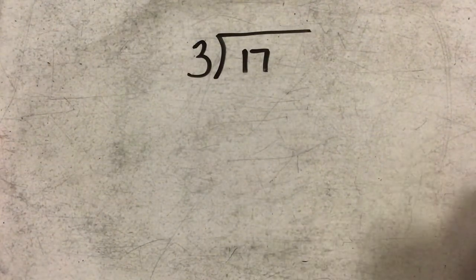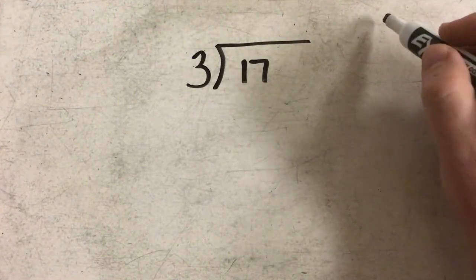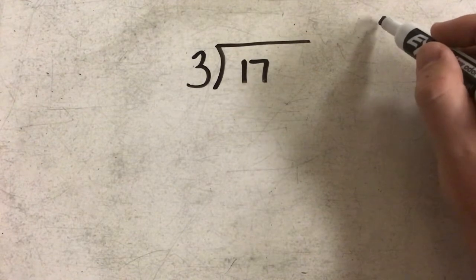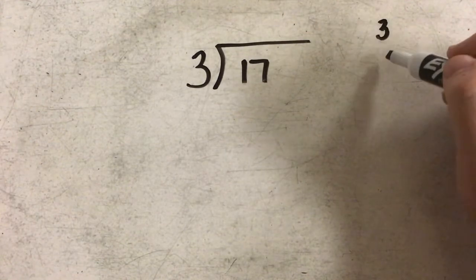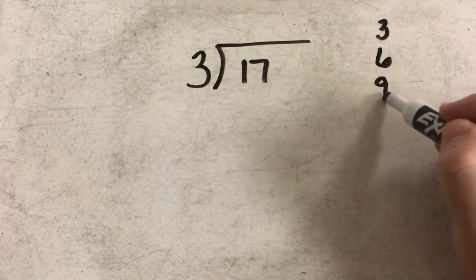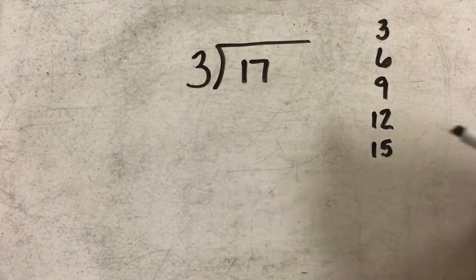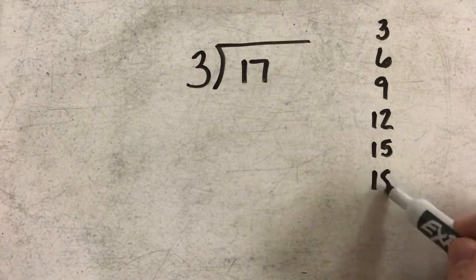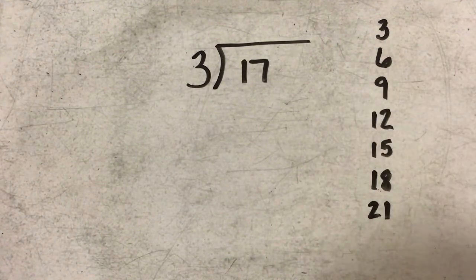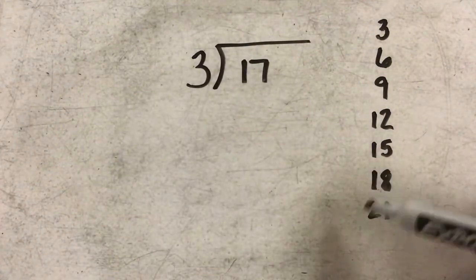Well, in order to do that, I'm going to list my multiples of 3 off to the side because that tells me how many groups of 3 I can make. So starting with 3 times 1 is 3, 3 times 2 is 6, 3 times 3 is 9, 3 times 4 is 12, 3 times 5 is 15, 3 times 6 is 18, 3 times 7 is 21, and I could go on, but I'm going to stop there because I only have 17, so I couldn't make 21.